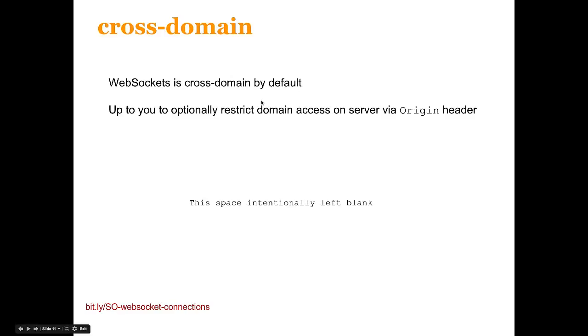Well, WebSockets allows that. So you can communicate with two different servers from the same browser session. And you can optionally restrict that. There's more information that you can read about that at the below Stack Overflow link, and you can learn about how to restrict domain access. But otherwise, just know that that is on by default.